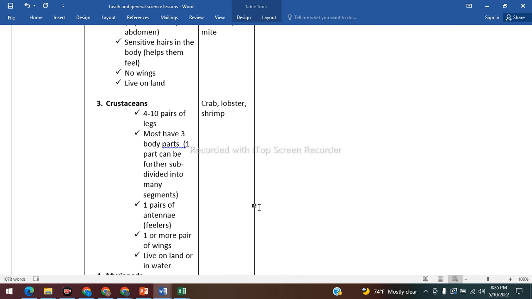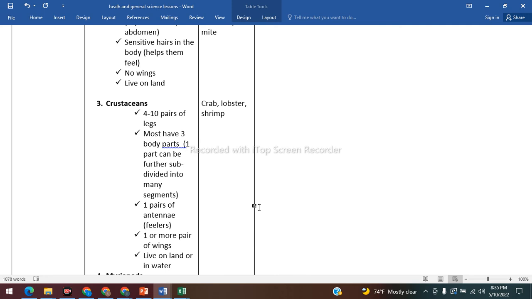Hookworm. Roundworms. Very good. That's the nematodes. Slug. Mollusks. Sand dollar.